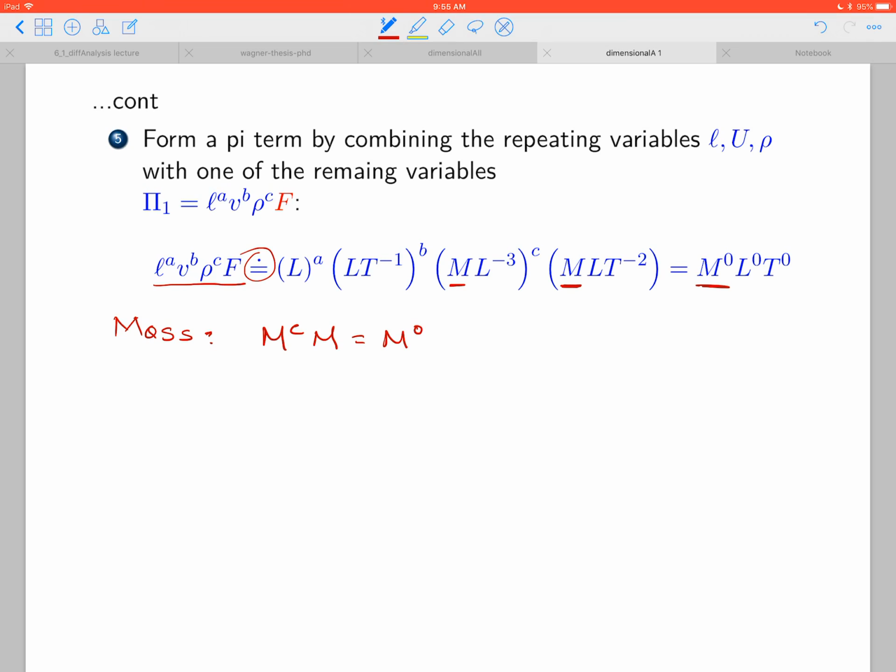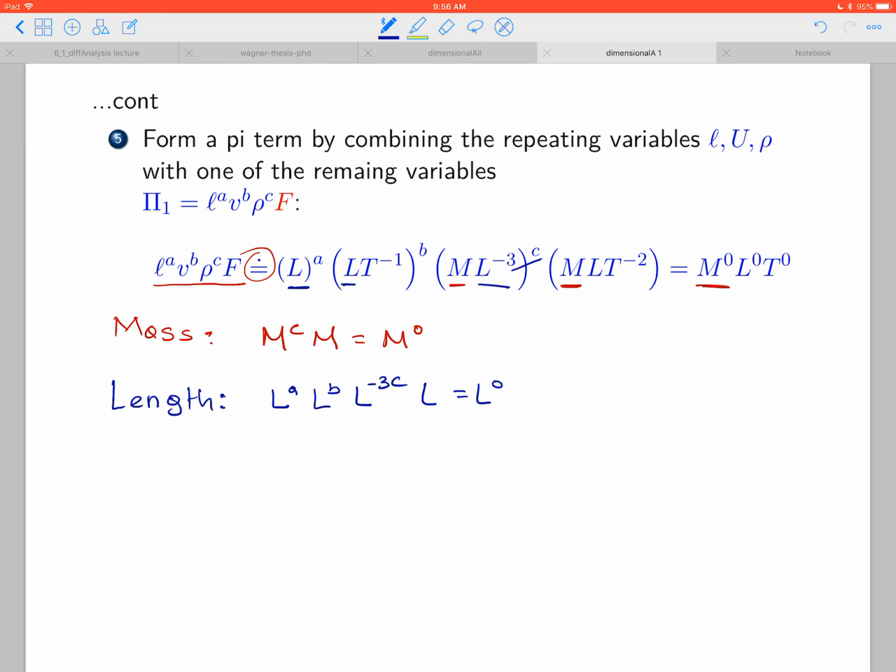Second equation, length, let me change to blue. So we have length to the A, L to the A. The second one is length to the B. The third one is length to the minus 3c. The exponents multiply, and multiply by L, should be equal to L to the 0.